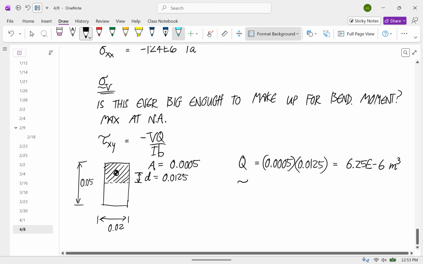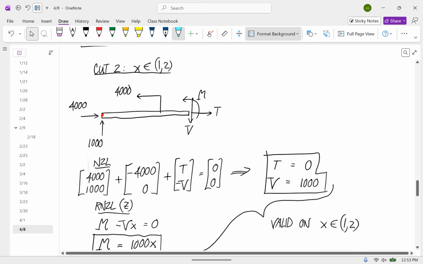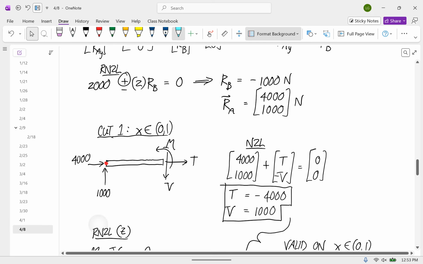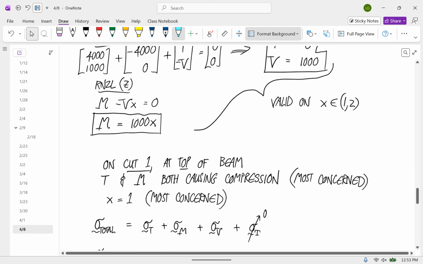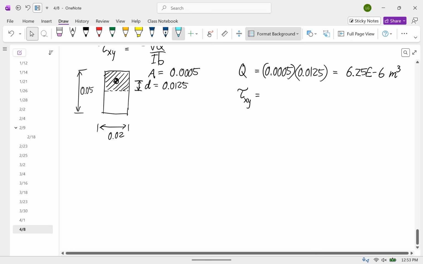And so tau xy is equal to, what's our shear force on cut 1? Positive 1,000. That's the same over the whole beam.